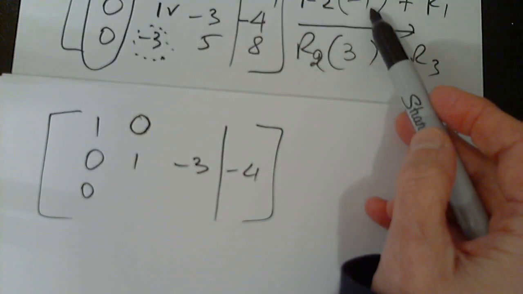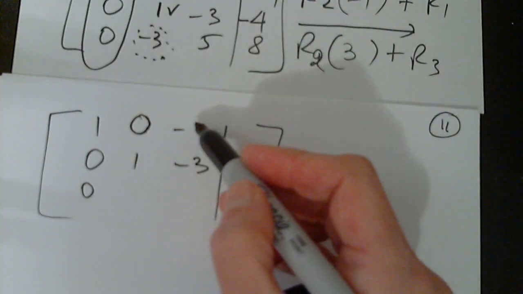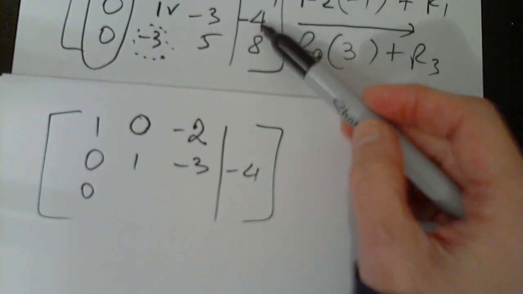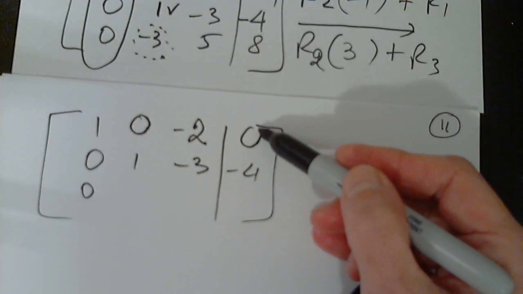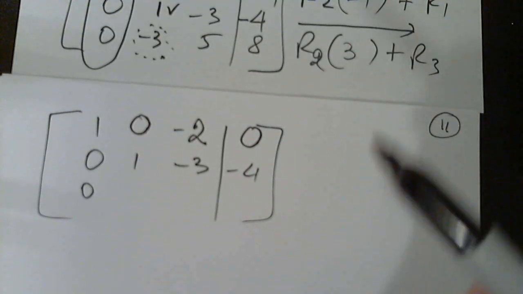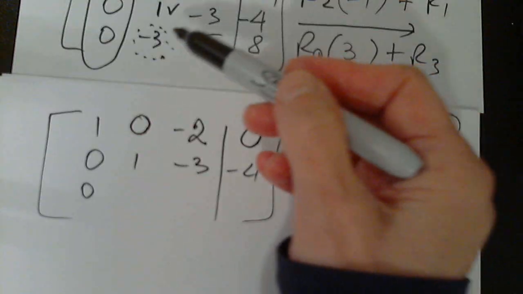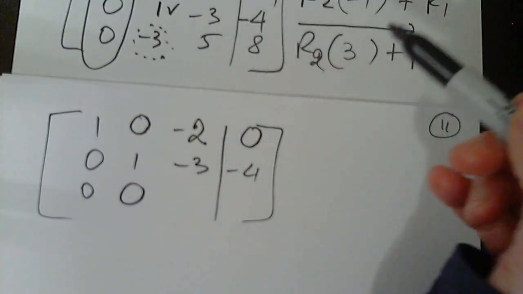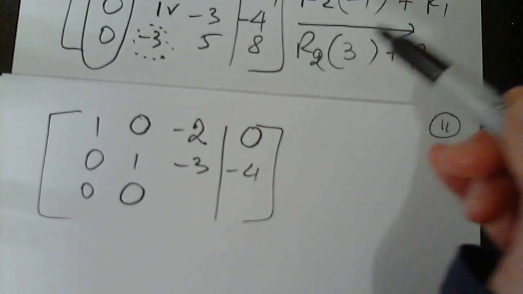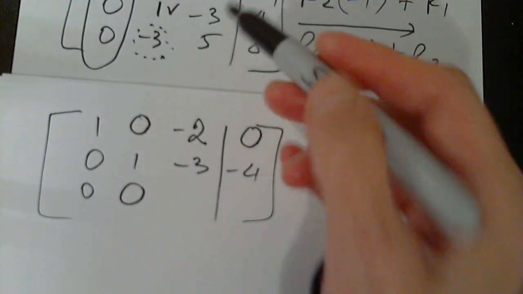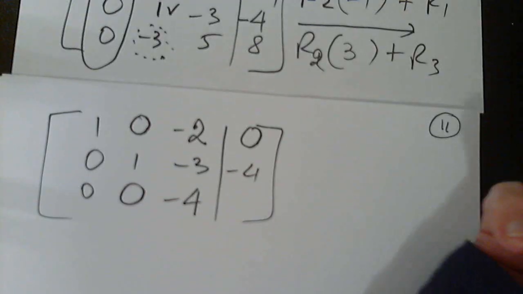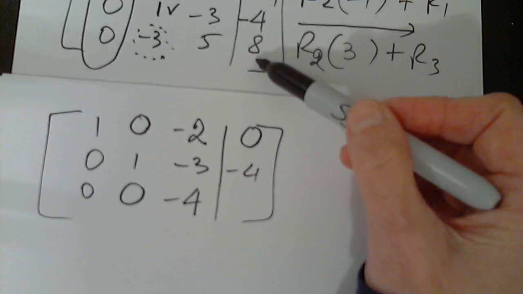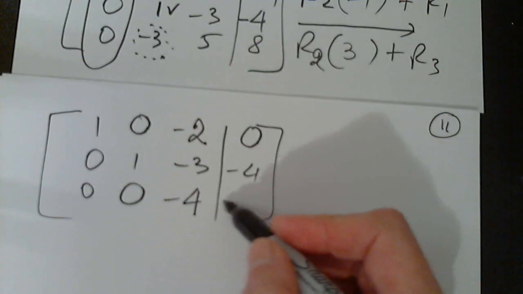-3 times -1 is 3, minus 5 is -2. -4 times -1 is +4, minus 4 is 0. 1 times 3 minus 3 is 0. -3 times 3 is -9. -9 plus 5 is -4. -12 plus 8 is -4.